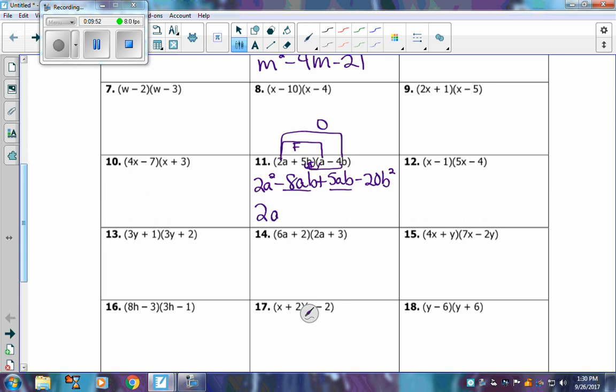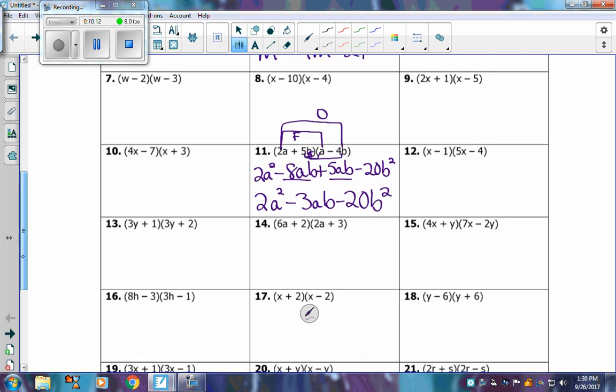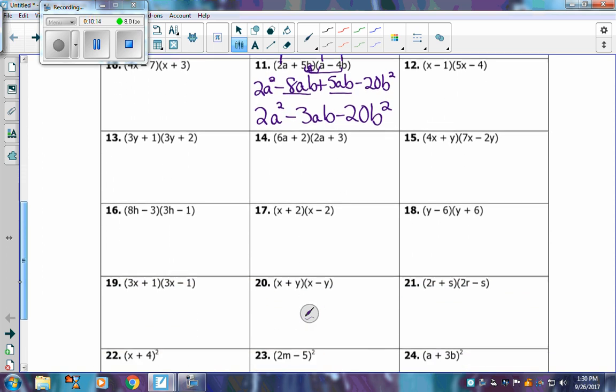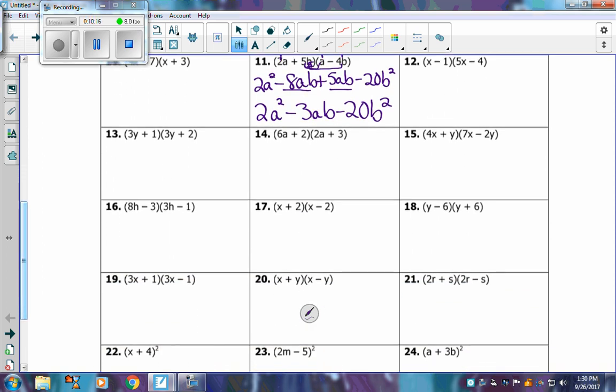So I have 2A squared, negative 8AB, and positive 5AB. Are you good? Yes. Okay, skip to number 17. Try 17 and 18.